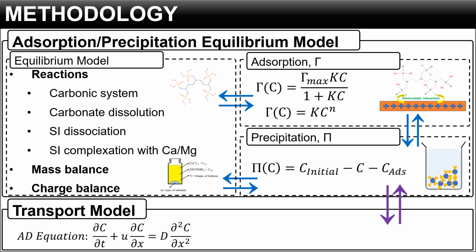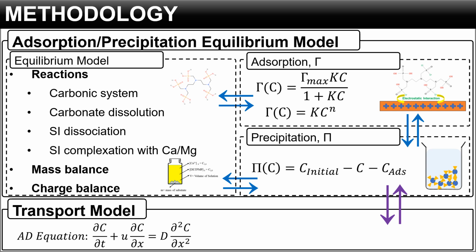After that, we need to calculate the amount of precipitation. For the precipitation part, we have the initial concentration of the scale inhibitor in the solution resulting from the equilibrium model, the amount of adsorption resulting from the adsorption modeling, and the final solubility of the scale inhibitor in the system, which is specific for each system and has been inputted into the model.